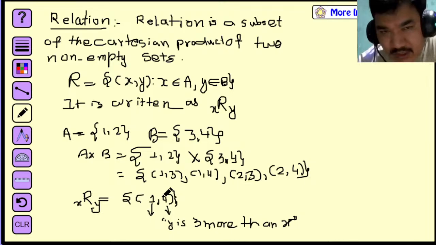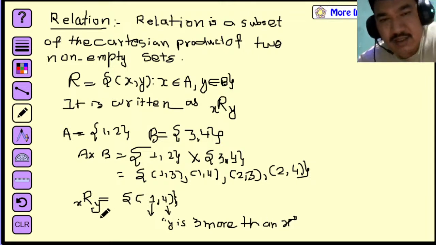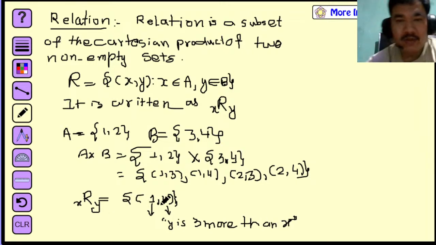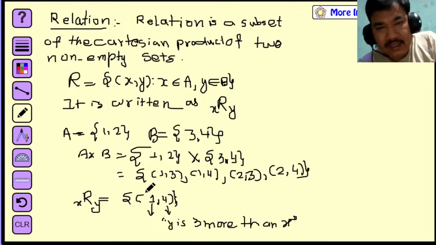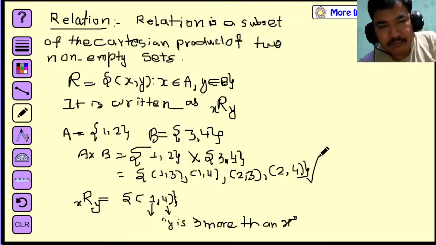That element only I have selected here. There is no other ordered pair in this set where y is 3 more than x. That ordered pair only I select from this Cartesian product. That's why this is the relation. It is a subset because this ordered pair lies in the Cartesian product.